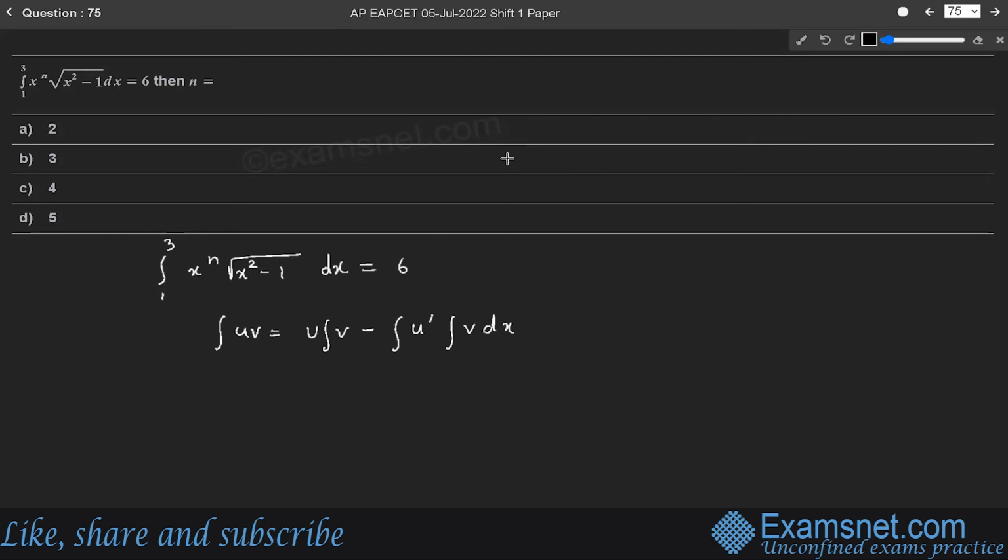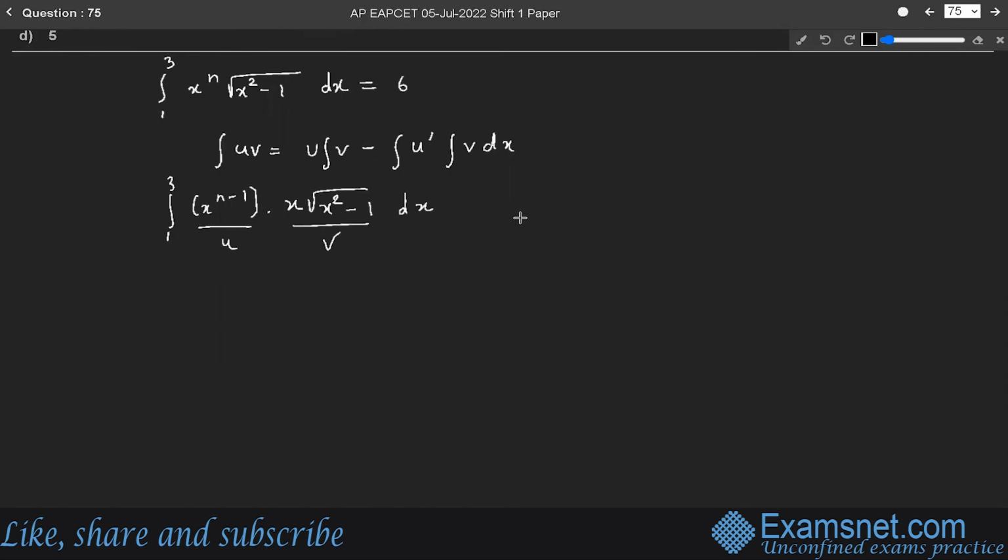Applying this formula here, it will be integral of 1 to 3 x power n minus 1 into x into under root of x square minus 1. Let this be u and let this be v. And here there is dx.